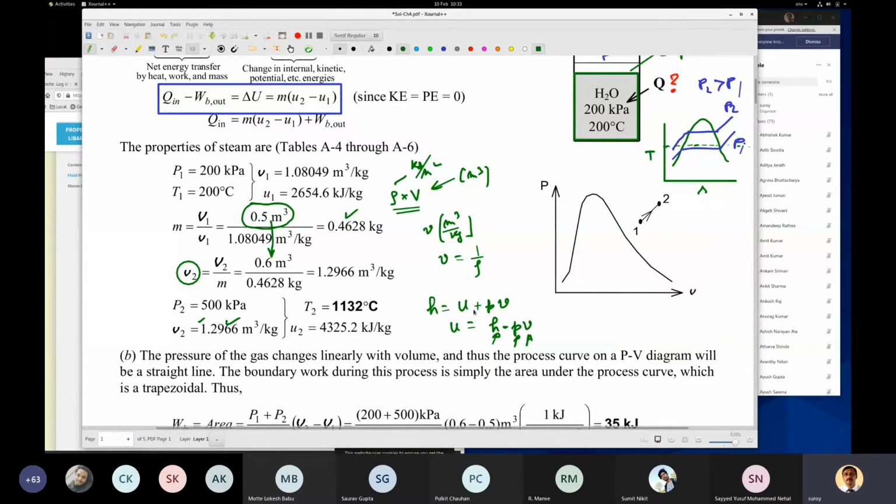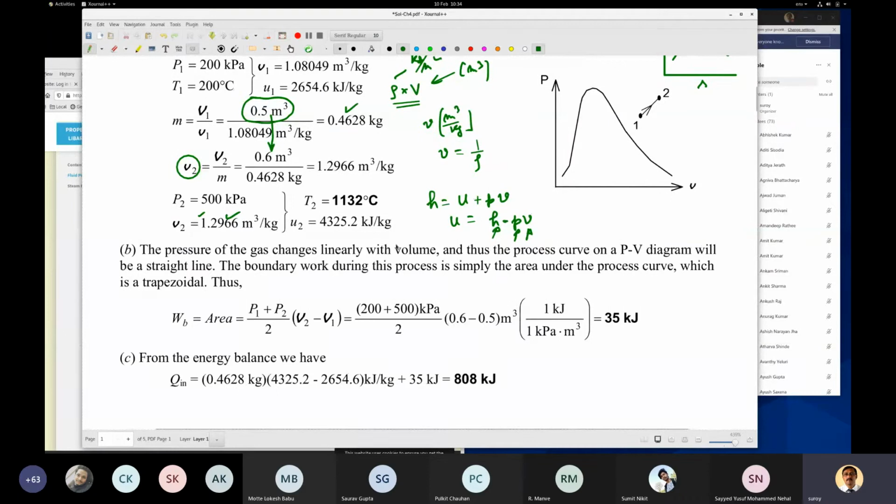Because this is not a paid version, this is a little bit complicated. But if you look up the books, in the book the full chart is given like I showed you. There in a tabular form you will get it. So 500 kilopascal, then you will see the specific volume, and correspondingly you will be able to get the temperature. Anyway, here I'm just showing you how to calculate, but properties you have to get.